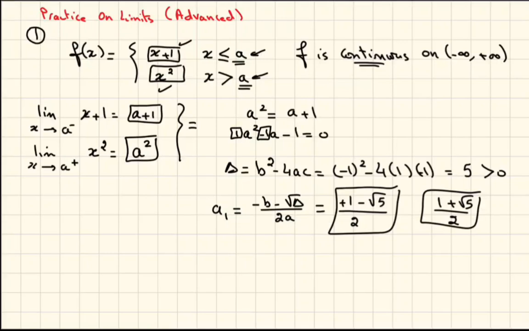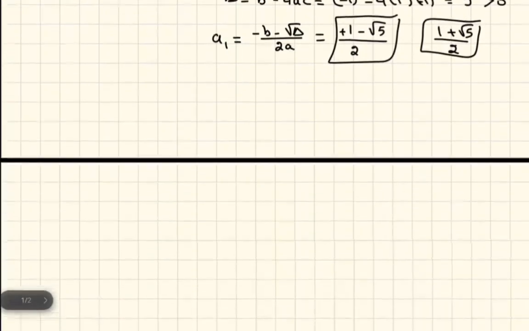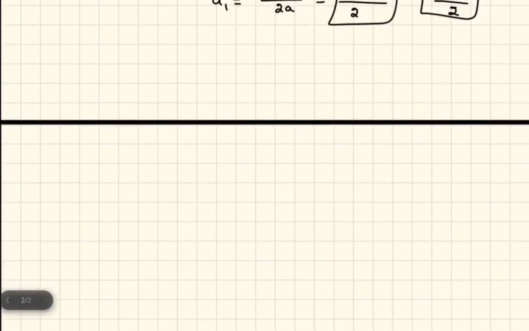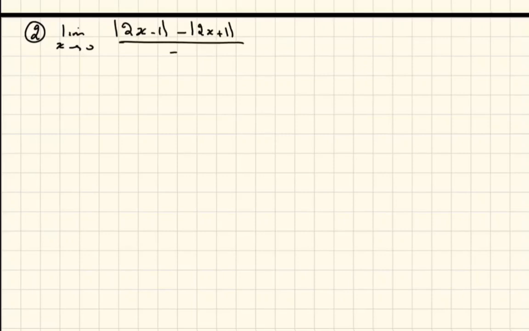Now, number 2. Limit as x approaches 0 of absolute value of 2x minus 1 minus absolute value of 2x plus 1 over x. Whenever you see absolute value, it means it's a piecewise function.